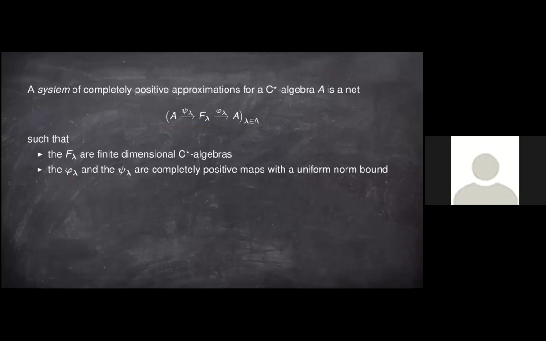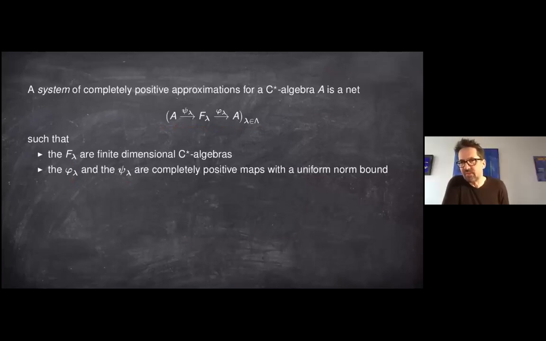Often they will be contractions, but not all the time. So we want a uniform norm bound on the maps phi lambda and psi lambda, and we want that their composition converges to the identity map in the point-norm topology.